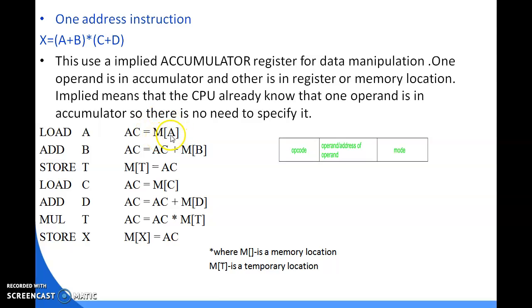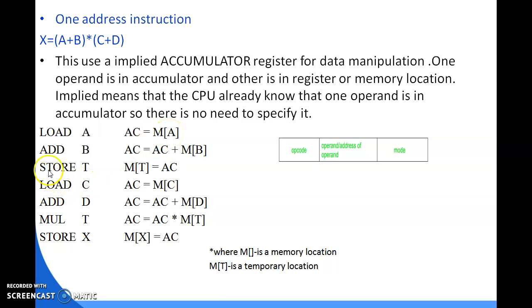First, a is placed within the memory. Load a means you have to load this a from the main memory to the accumulator. Next, add b, that means AC equal to AC plus M of b. Now b will be added with this value.